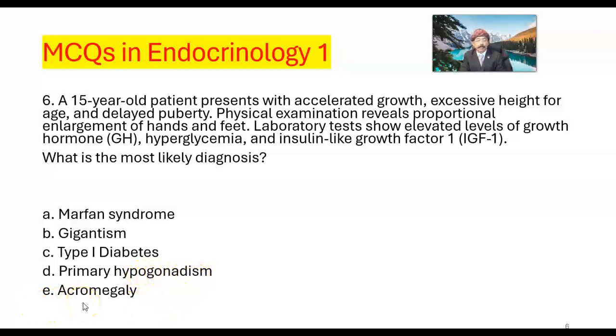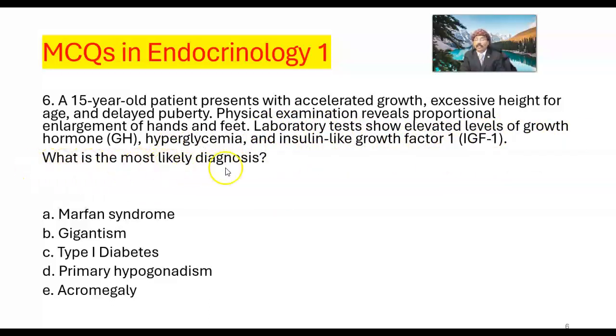acromegaly. Okay, so 15-year-old patient, excessive height for age, delayed puberty, accelerated growth, and proportional enlargement of hand and feet. Laboratory test shows elevated level of growth hormone, hyperglycemia, insulin-like growth factor 1.